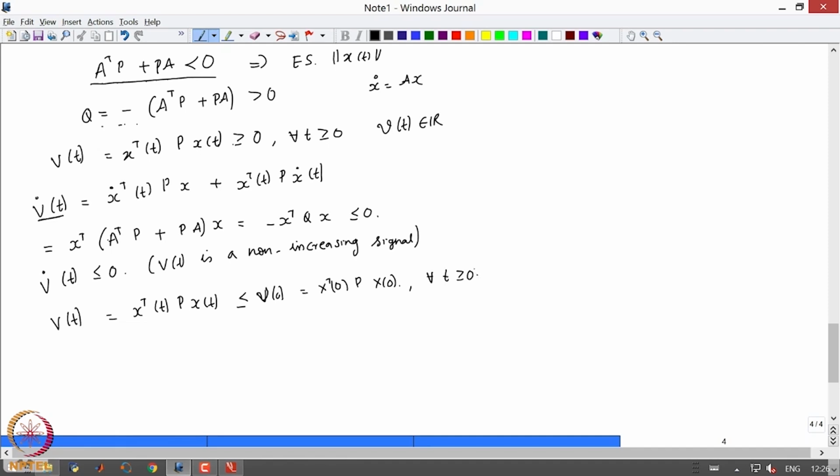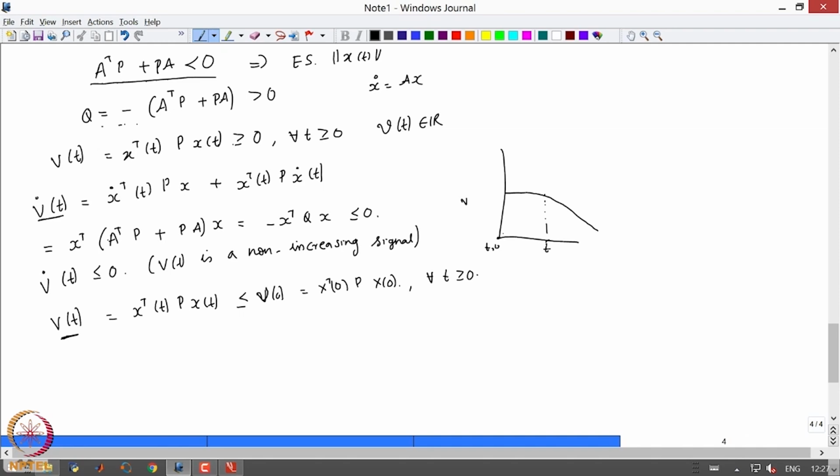So what does this mean? That v is a non-increasing function. So v may be constant or it might decrease or whatever, right. So if this is t equal to 0, the value of v at t equal to 0 will always be greater than or equal to the value at some other time t, or the value of v at some time t will be less than or equal to its value at t equal to 0.